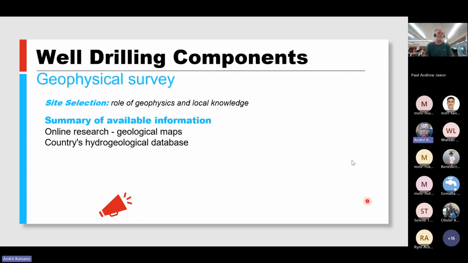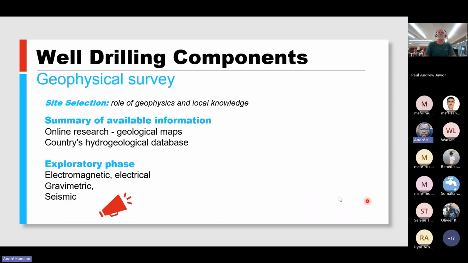The second phase is conducted on the ground, in the field. In the field, we carry out the exploratory phase, which consists of identifying the site with the best aquifer potential from among those selected in phase 1.